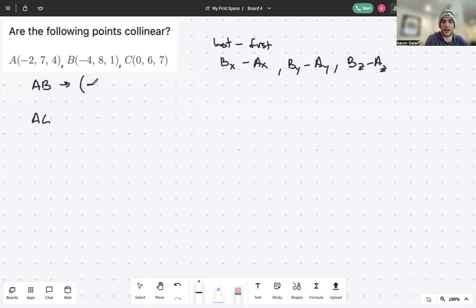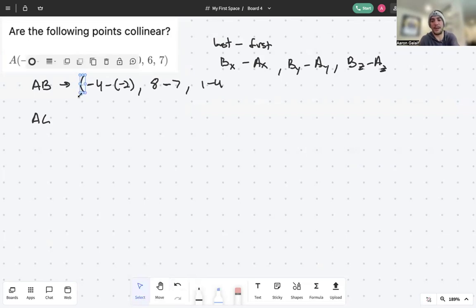So the first term, I'm going to have -4 minus -2. Then I'm going to put a comma for my next component because that's just the x's. For the y component, we have 8, the last minus the first one. So 8 minus 7, then 1 minus 4. And that's going to be the vector for AB.